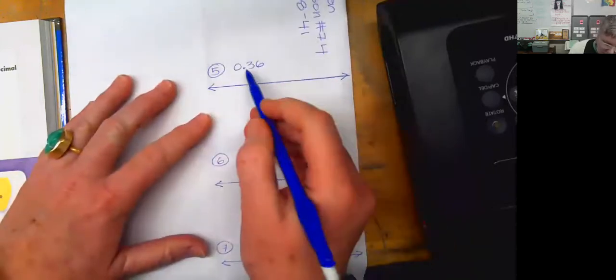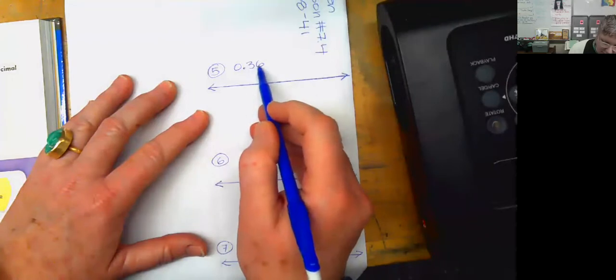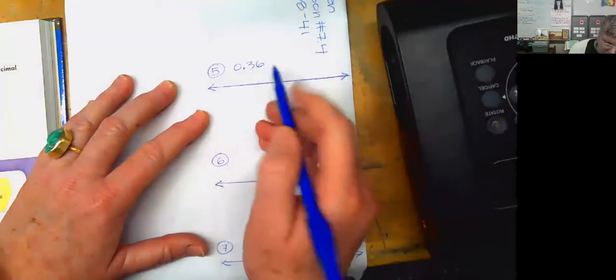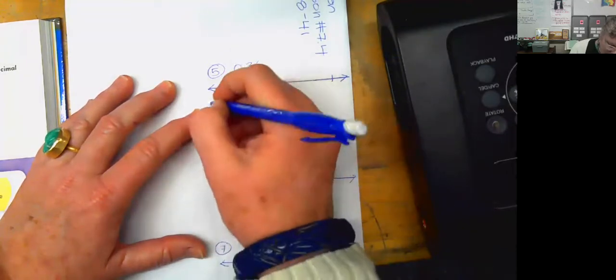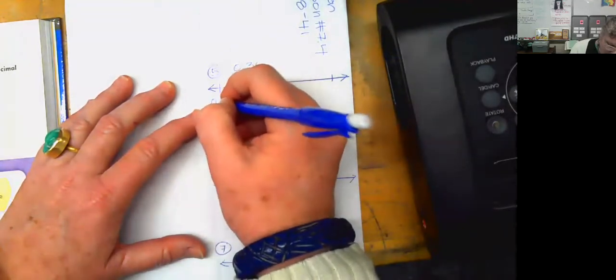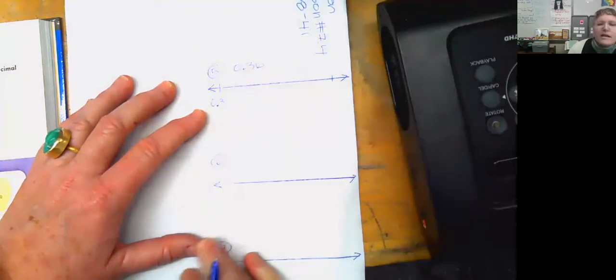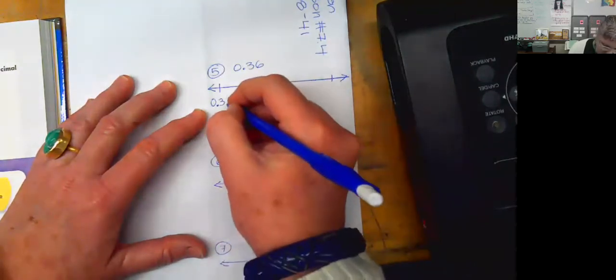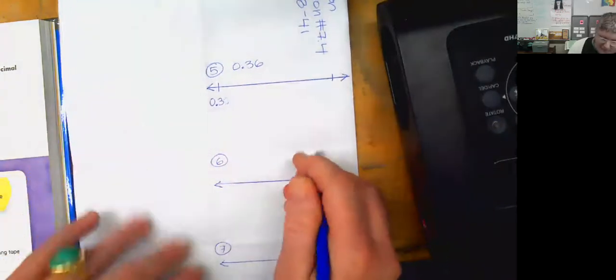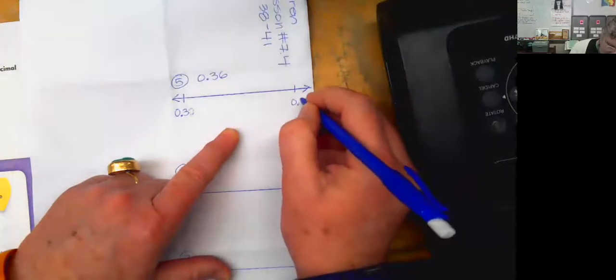So if I look at this in terms of hundredths, I know that I would be looking between 30 and 40. So this is going to be 0.3, and if you put a little imaginary 0 on there in your head, right, you can kind of see my imaginary 0 now. It's just really light. And this is going to be 0.4.